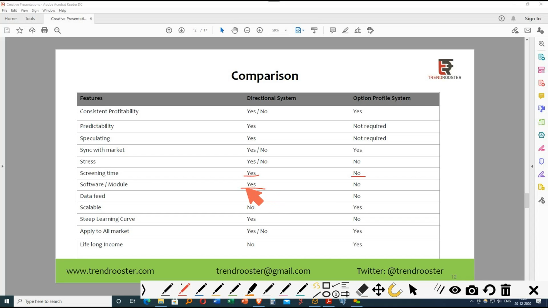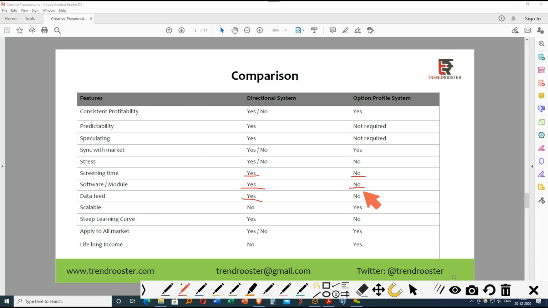Software module. There is so much high-end software, like noiseless software, Ninja Trader, and some indicators, some buy-sell indicator, some magic indicator, something you have to buy. Am I right? In order to work. Here, some modeling software is enough for us to work. There is no extra software required.